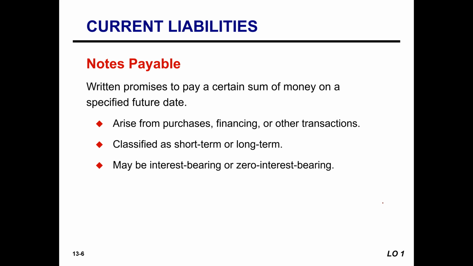Accounts payable, as we saw in the previous slide, arises from purchases of goods and services on account. Notes payable is the same thing. However, notes payable, as we've discussed before, is a more formal arrangement, a written agreement, a promise to pay a certain amount.